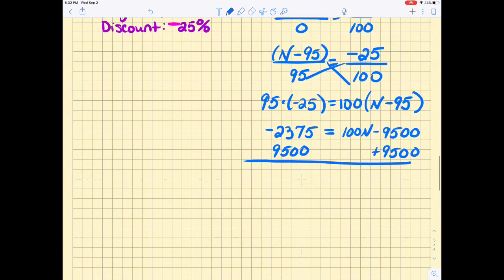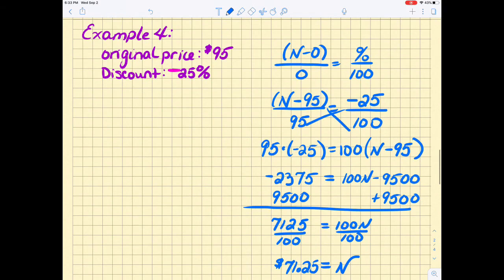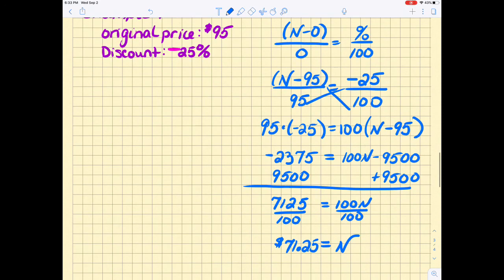That's going to leave us with 7,125 equals 100n. Divide both sides by 100. And the new discounted price is $71.25. Now I'm going to check it. Does that make sense? If the original cost was $95 and now I took away 25%, does it make sense that it's around $71? That makes sense. If it was more than $95, then that tells me I forgot to put the negative on my percent.